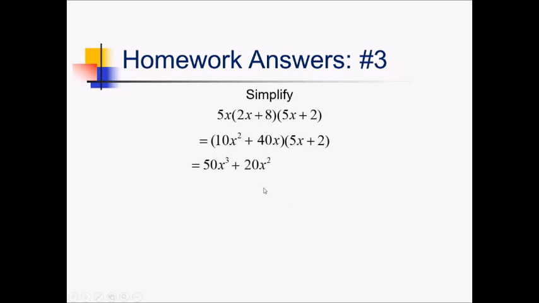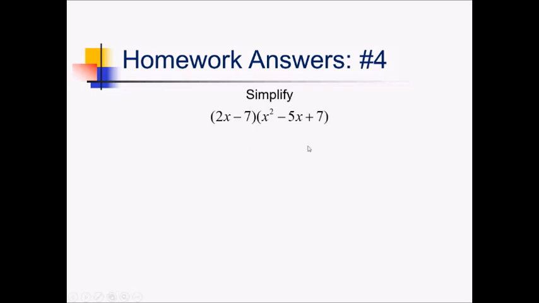That's 20x squared. And then 40x times 5x. That's going to be 200x squared. Finally, 40x times 2 is 80x. And we're adding that. Like terms, I can add these x squareds in the middle. That's going to be 220x squared, and we still have the 50x cubed and the 80x along for the ride.